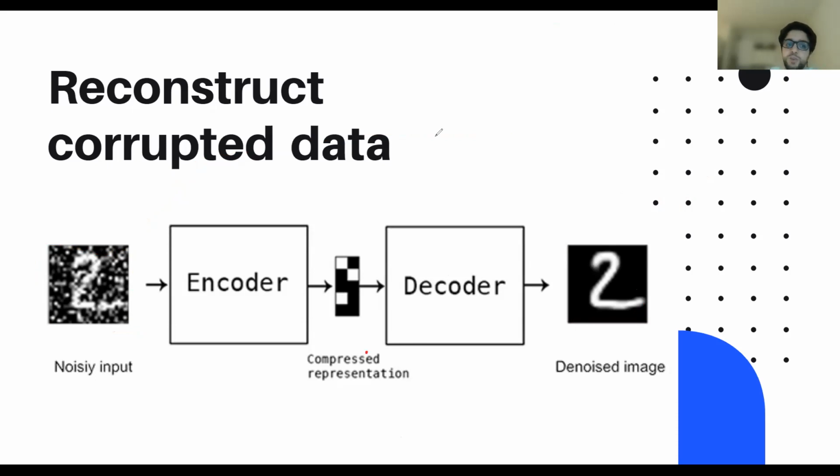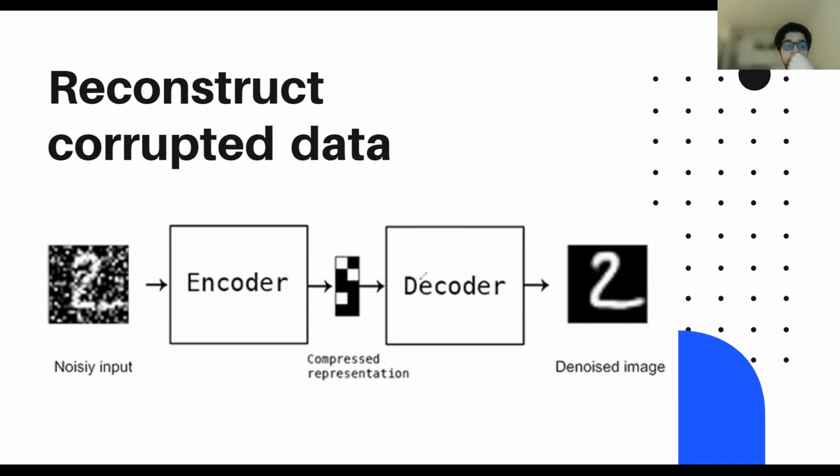Yes, so as we said, we give the input image in a noisy format, and then we try to decode it in a denoised format. Of course, you might not have these couples, right? You don't have noisy image, clean image couples.